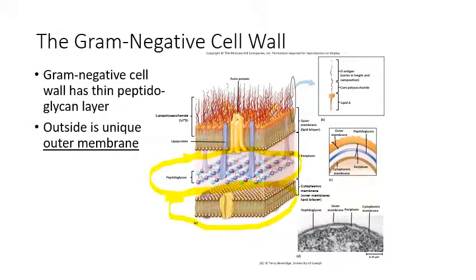And then outside of that, we've got yet another layer, called our outer membrane. The outer membrane is something that we only find on gram-negative cells, and it's made of something called lipopolysaccharide, or LPS. Again, that's something we only find in gram-negative cells.